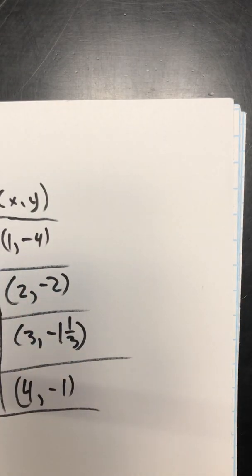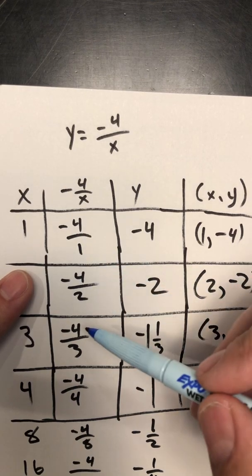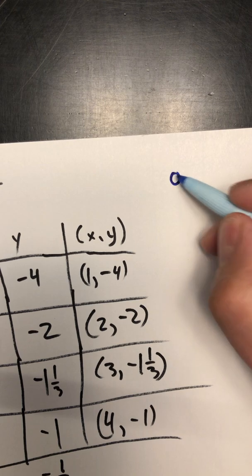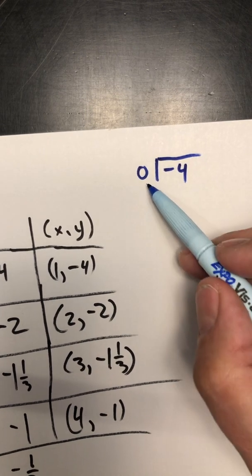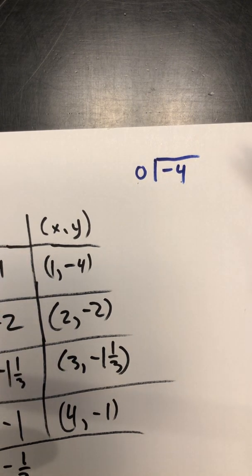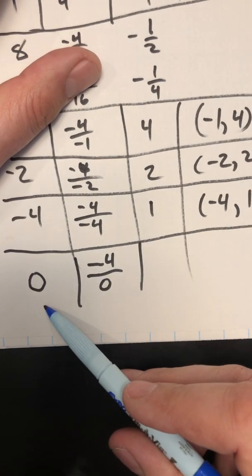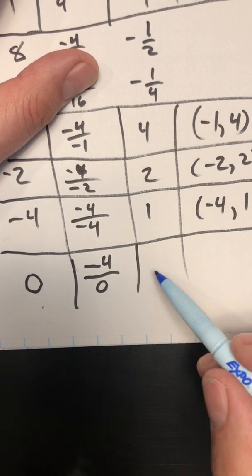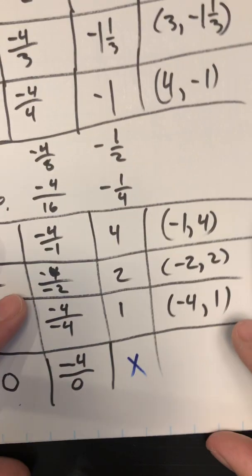I'll do this in blue over here. All of these fractions, what do I always say? Fraction means division. So if I have 0 and negative 4, it means I have 0 divided into negative 4. If I multiply 0 by anything, will it be negative 4? No, it won't. This is not a possibility. 0 is not a possibility. This is undefined. It can never be 0.